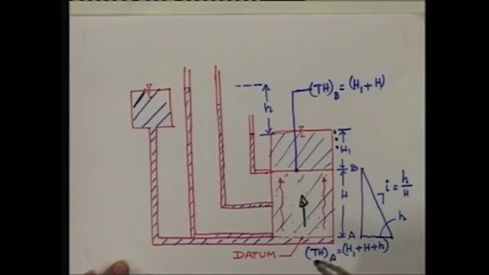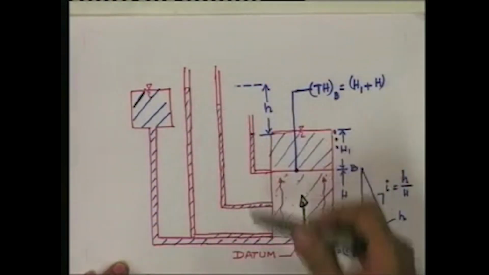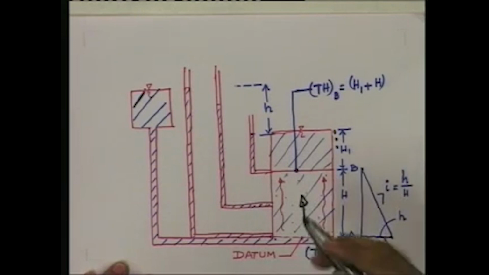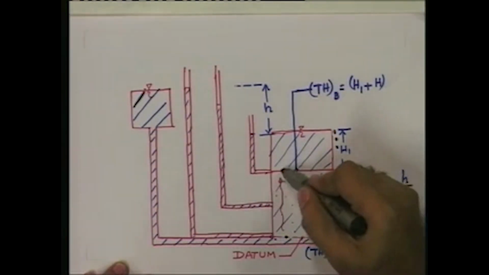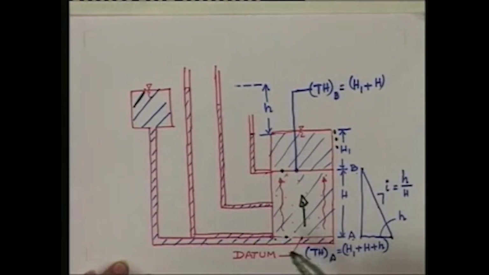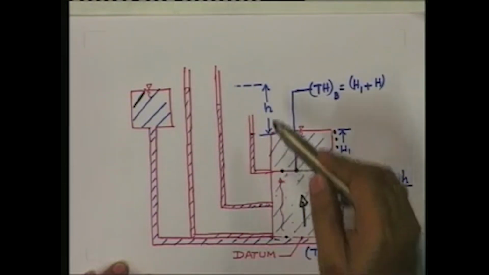Now, if you take different points, say this point is called A and this point is termed B, as shown here, and if this particular plane is taken as datum, then the elevation head is 0. The pressure head, if the water is tapped here, will rise to a head equivalent to H plus H1 plus small h.